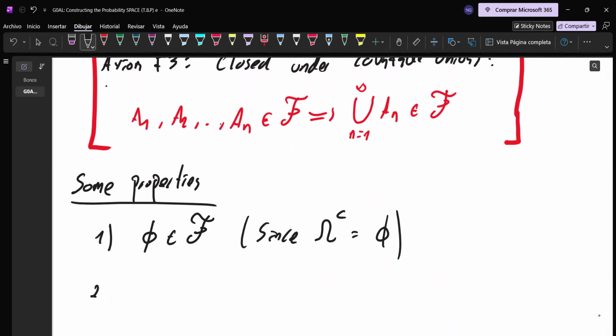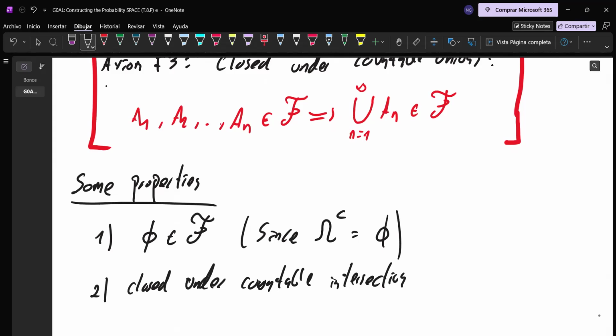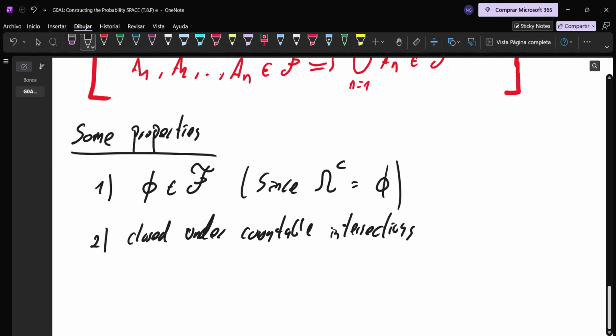Two: it is closed under countable intersections. What does this mean? This thing is a part of F. Why?